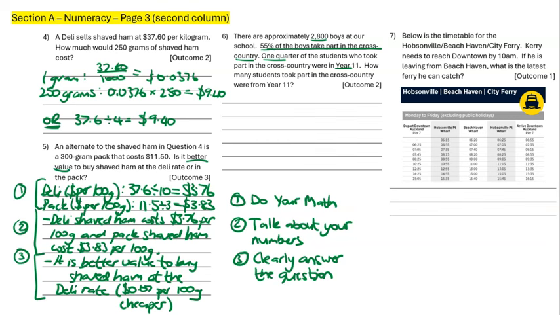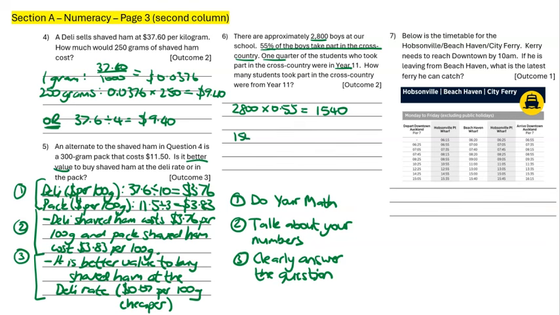So what we're going to do is start off by doing 2,800 times by 0.55. So this here is going to tell us, well, what is 55% of the entire 2,800? And that'll tell us how many people are actually doing the cross country. So in this case here, it's going to be 1,540 people are doing the cross country. Now that we've got that number, we're going to divide it by 4 to find the 1/4 who are from the year 11.